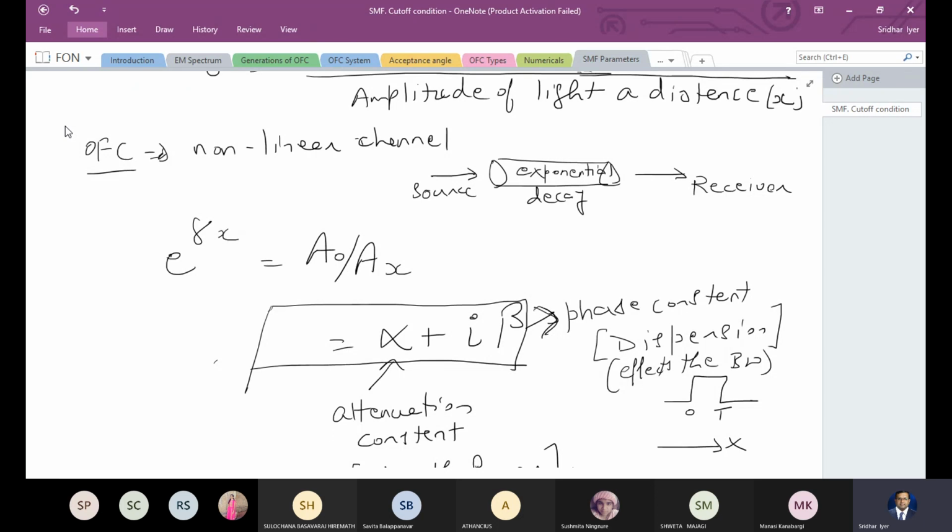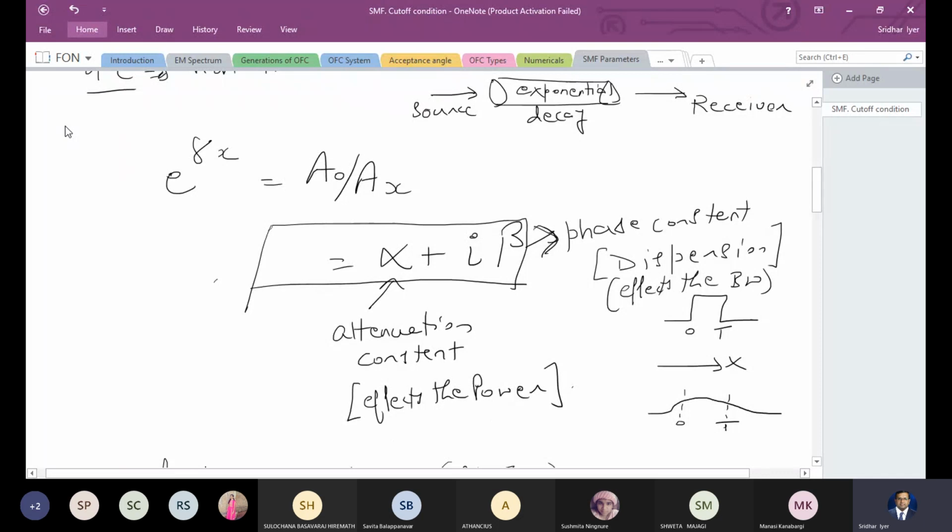This is a very important aspect, because of which designing an optical fiber system becomes complex, because if you have a channel which is linear, then the power decay or power decrease will also be linear in that manner, right? But with non-linearity, in fiber we have an exponential decay. So suddenly the power will just start decreasing as the signal moves from source to the receiver. So we'll look at this aspect in module 2.